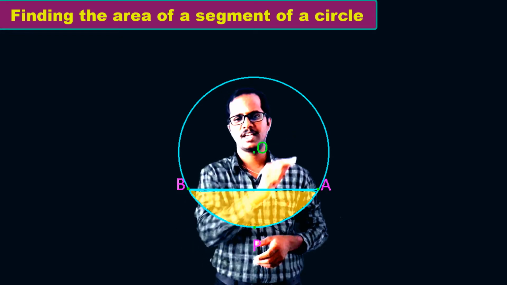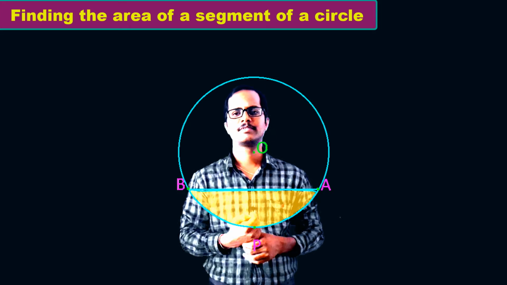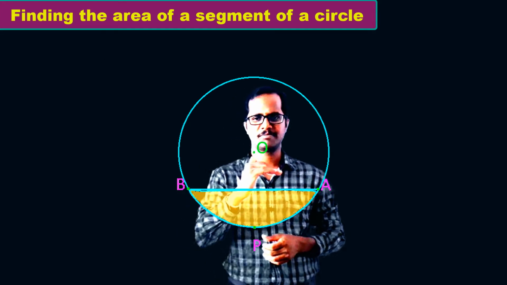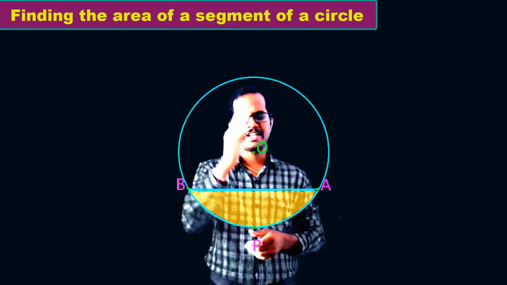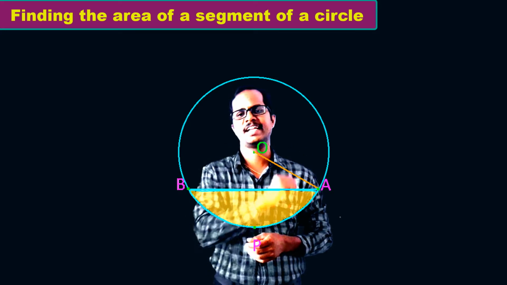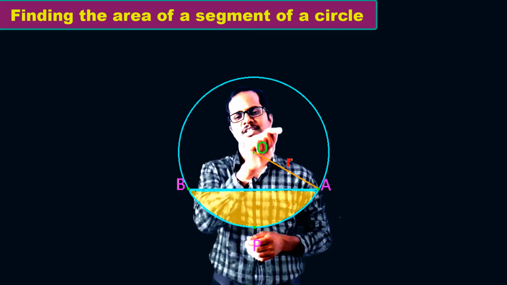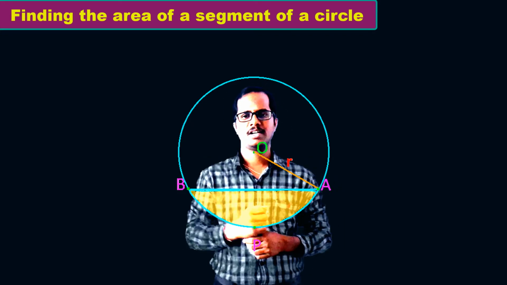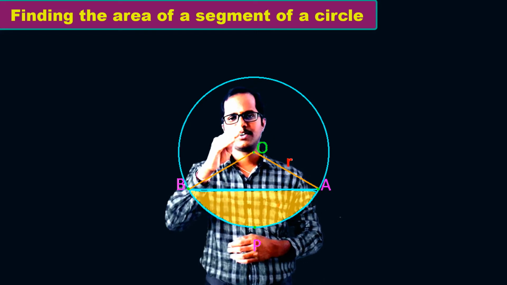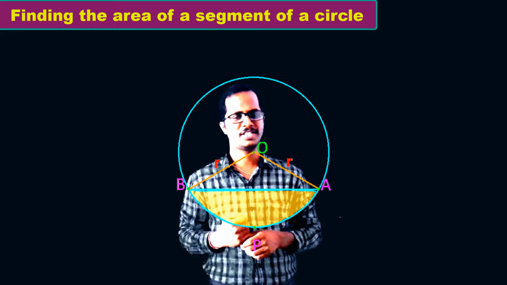We need to find the area of this minor segment. Now let us join O and point A. By joining them we get OA, which is the radius of the circle, given as r units. Also join O and B, which is also the radius of the circle, and it is also r units.